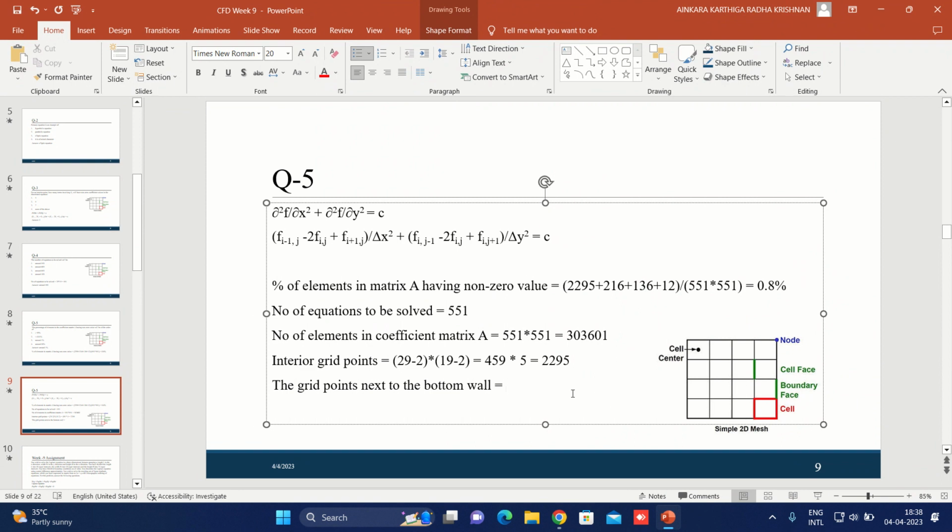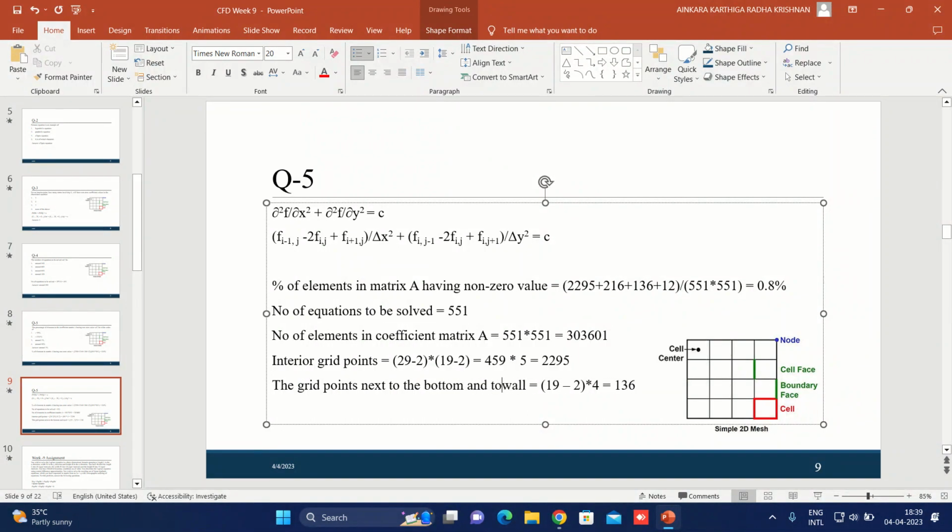So basically we would be having a similar thing, it is 19 minus 2 cross 4, so that is like 136. This would be next to the bottom and the top wall.